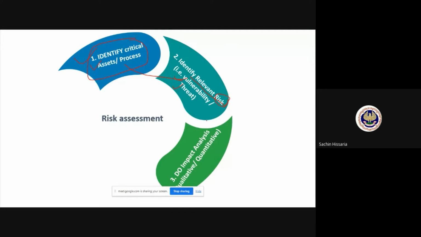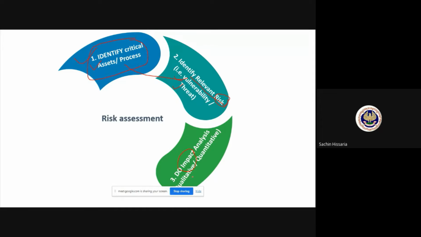Then they will do some impact analysis. This impact analysis can be done using a qualitative method or a quantitative method. What is the quantitative method? When the organization uses numbers to do the impact analysis, for example 1 to 100, or some percentage.